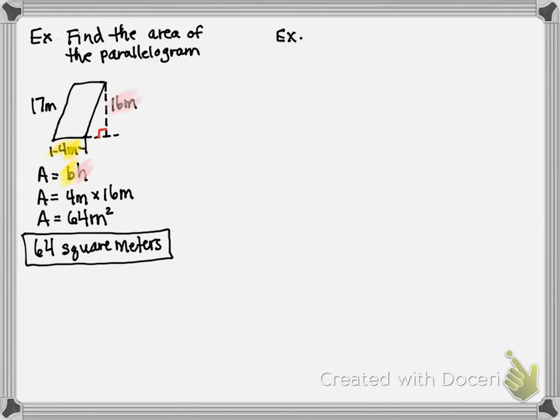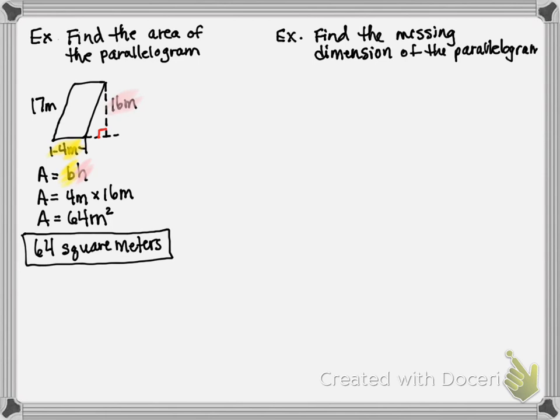Last example, find the missing dimension of the parallelogram. Okay, and so let me draw a picture again. Now, sometimes they will just list the information out for you, but most often it's going to be a diagram.